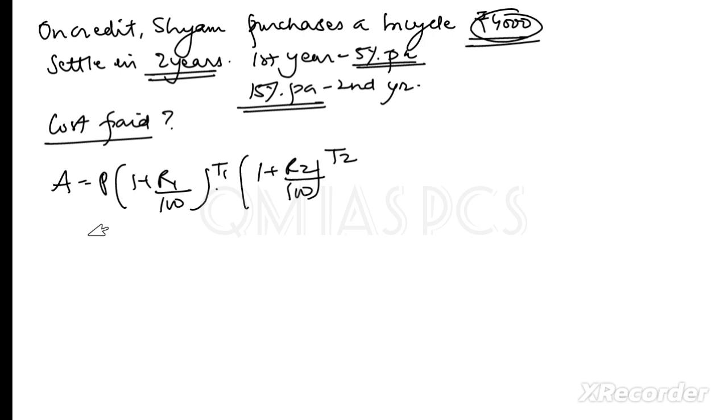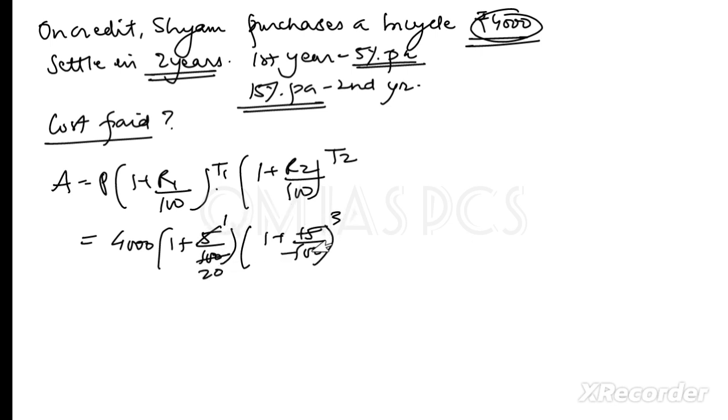So here the principal is 4,000, and 1 plus 5 by 100 with time period for the first year being 1, and for the second it will be 15 by 100, so the time period is again 1. So 5 by 100 is 1 by 20, and 15 by 100 is 3 by 20.